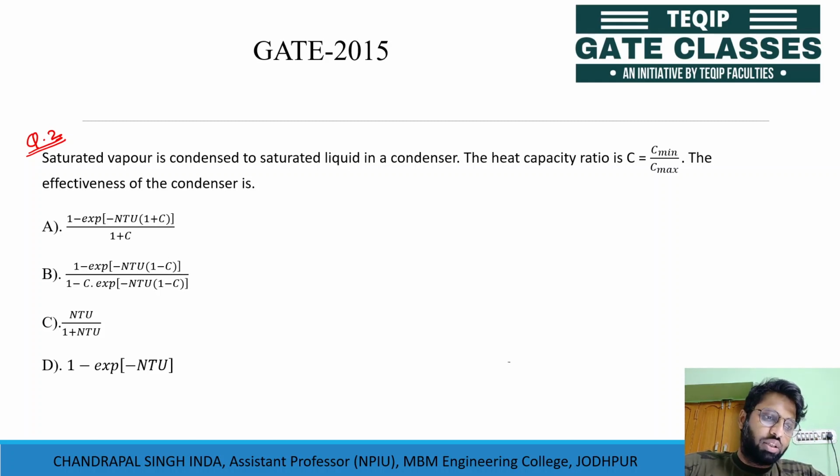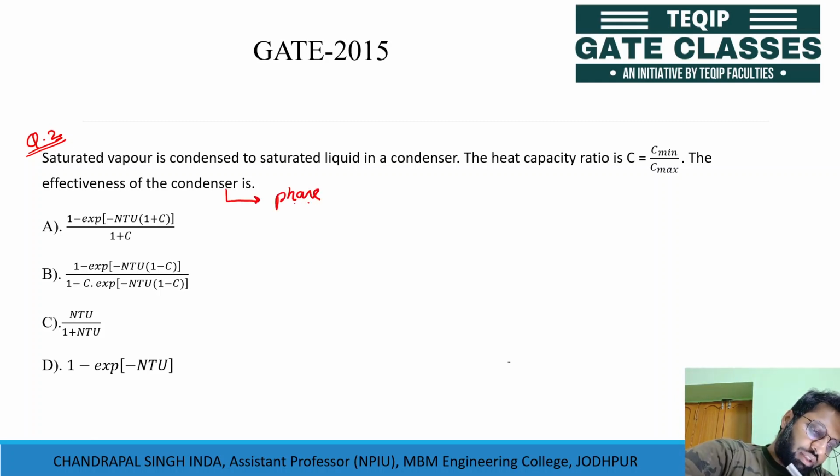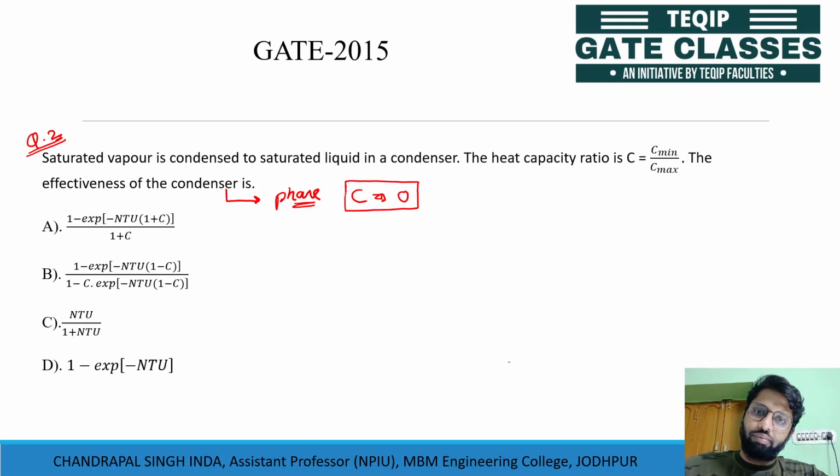So a condenser is a device which is a phase change type of heat exchanger, and the heat capacity ratio is C minimum by C max. The effectiveness of the condenser is asked. The condenser is a phase change type of heat exchanger, and the value of C is equal to 0 for this type of heat exchanger.